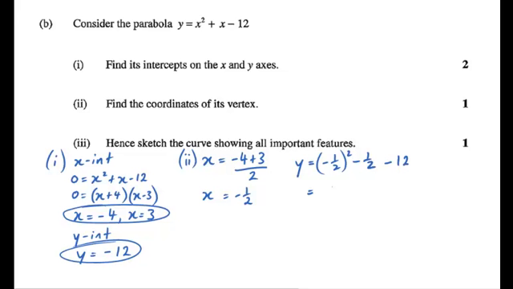So negative half squared gives you a quarter, minus half minus 12, and when you do that, you should get minus 12 and a quarter. Okay, so your vertex is negative half and negative 12 and a quarter.